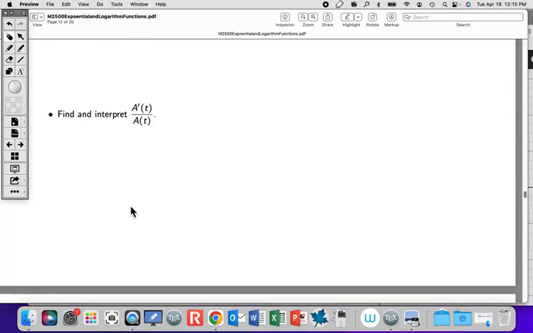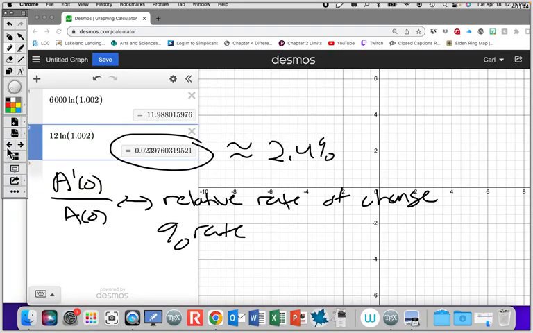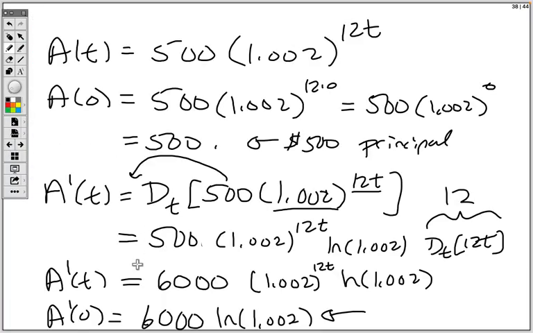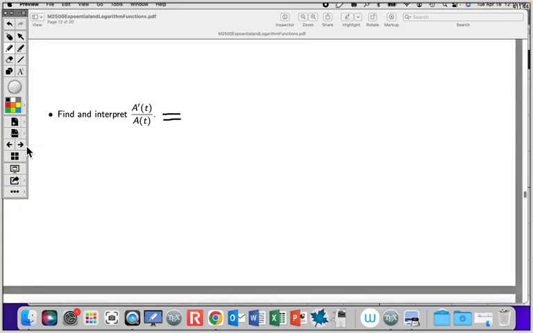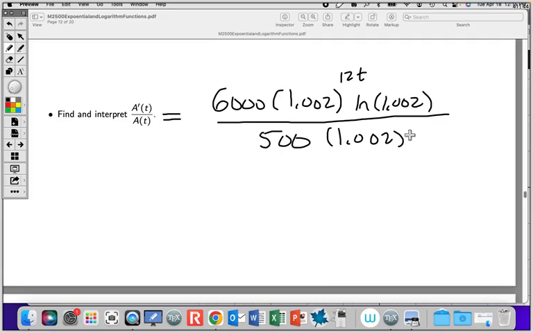Let's take a look at A prime of t divided by A of t, and we're going to see something not unlike what we saw in class. So if we look at the expression for the derivative here, 6,000 times 1.002 to the 12t times natural log of 1.002 divided by the function itself, 500 times 1.002 to the 12t.